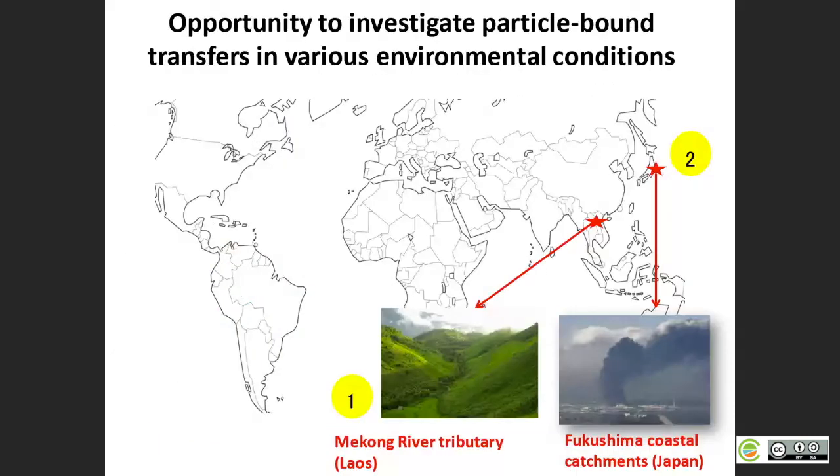So today, when I saw your report about the Grain for Green project, I chose to show you two case studies in Asia, but not in China. The first one is in Laos, in a tributary of the Mekong River. And the second one is in Japan, in Fukushima, because you can make the link with the cesium.